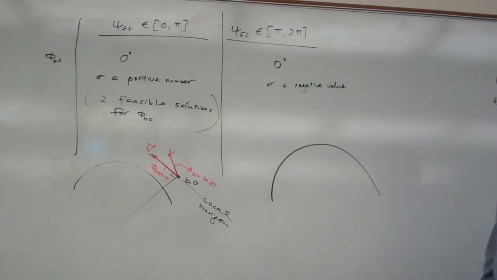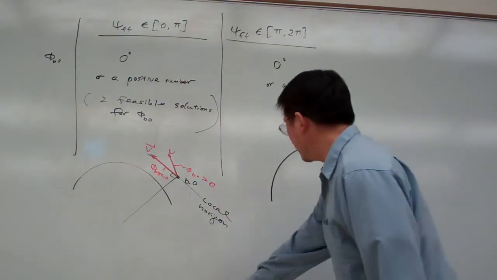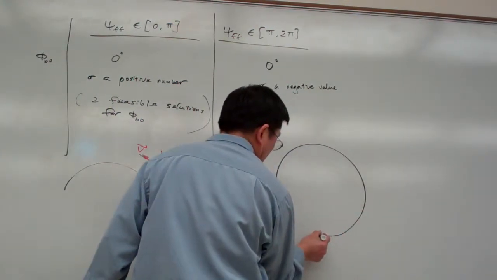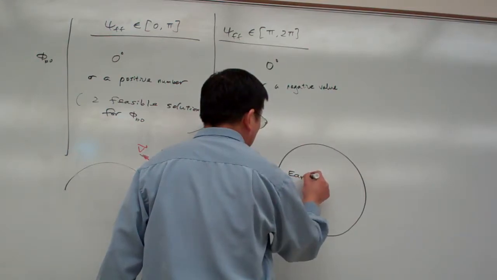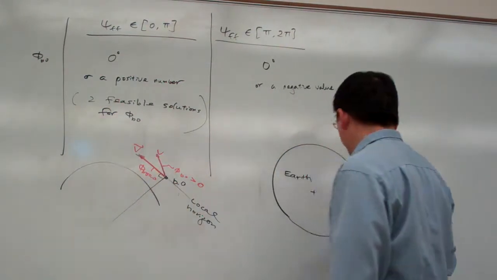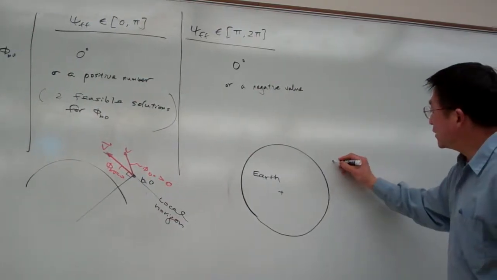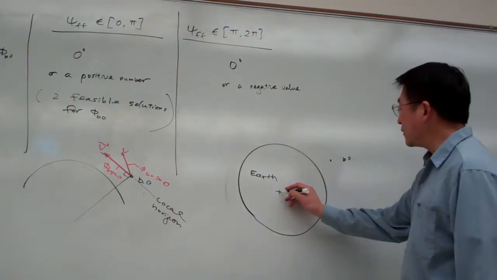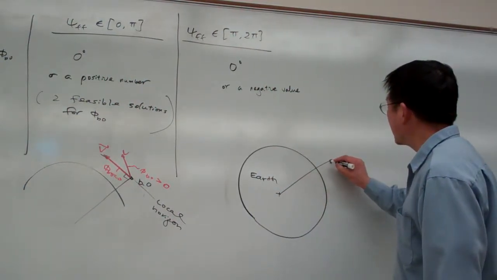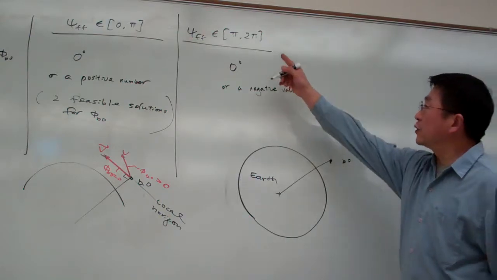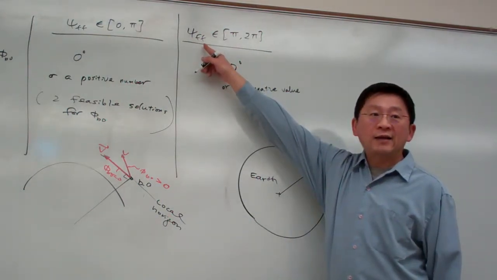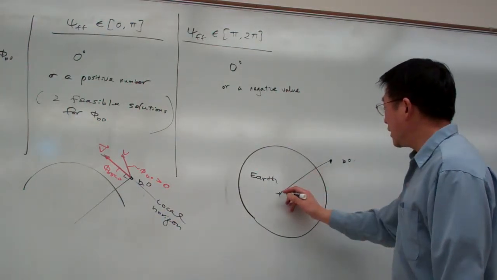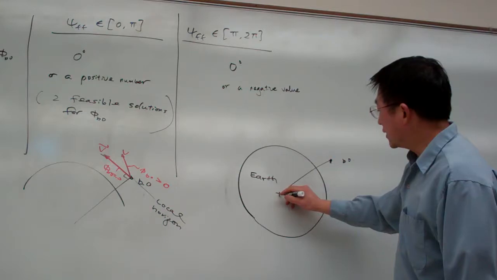If this is the Earth, I think I need to draw the whole thing here. This is the center. For example, if this is our burnout point, and right now this is the free flight, from here we want to achieve a flight range angle of 180 degrees. So that means the one we're going to try is here.